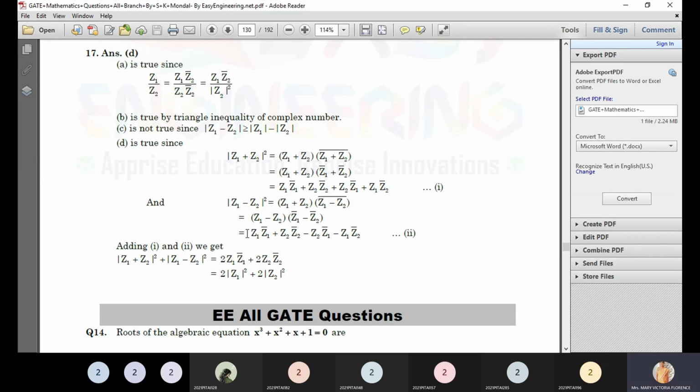Remaining is 2 z1 z1 bar plus 2 times z2 z2 bar. But what is a a bar? a a bar is mod a the whole square. So 2 into mod a square plus 2 into mod b square.